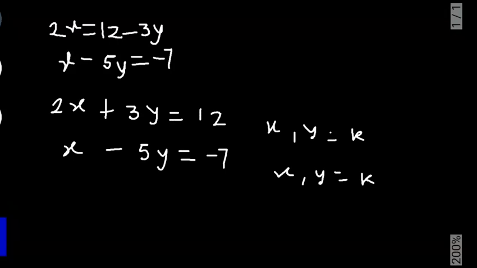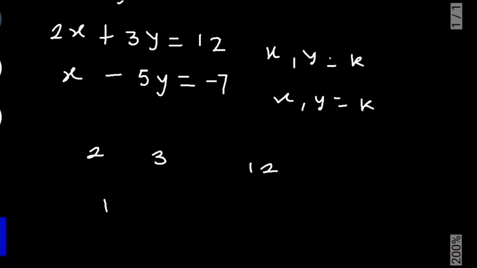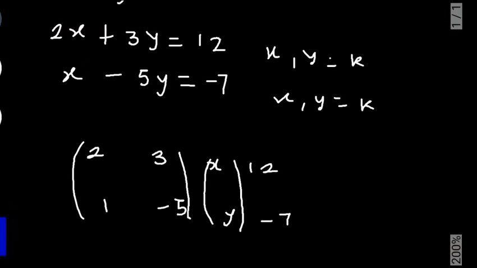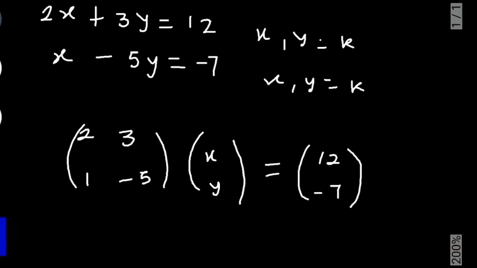So we have 2, 3, 12 and 1, -5, -7. With the coefficients of the variables, we have x and y. Let me arrange that properly. So this is how we arrange it.